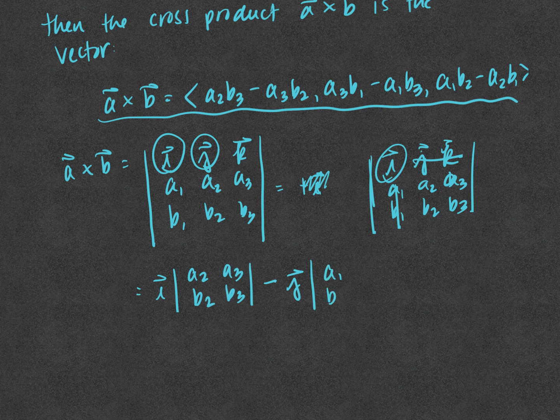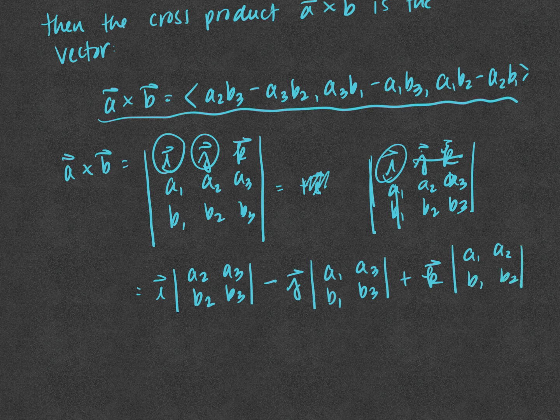So what is left for the cofactors are A1, A3, B1, B3. And then we have plus K, and in this case, we would cross off the top row again and the last column. So we have A1, A2, B1, B2.